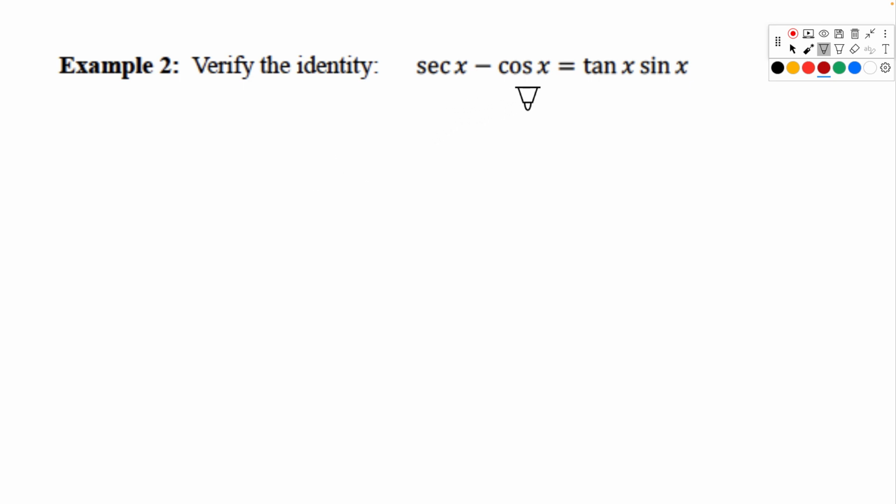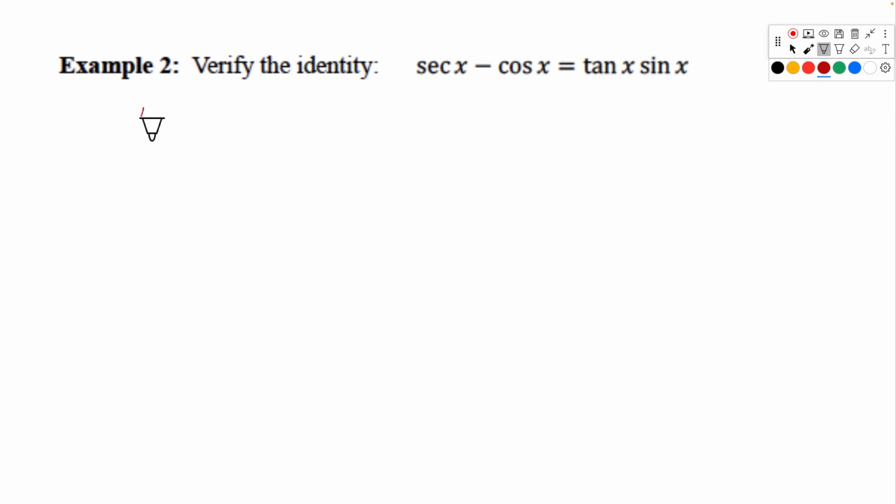But the key is to go here. So I've got a secant and a cosine, a tangent and a sine. Which side do you want to start with? Anybody have a preference? Left side. Okay, might as well. If we don't know, just start with the left. So again, what we're going to do is take everything on the left and turn it into either sine or cosine.